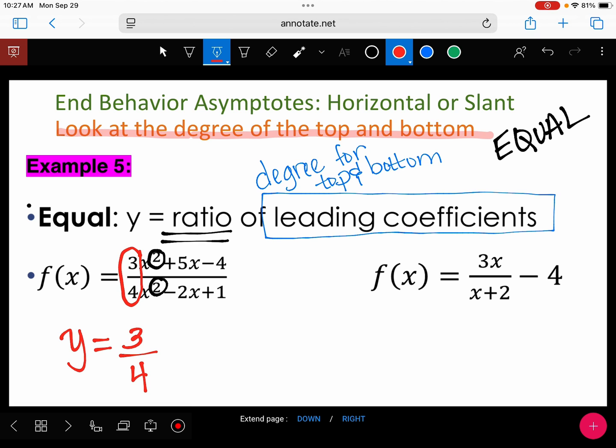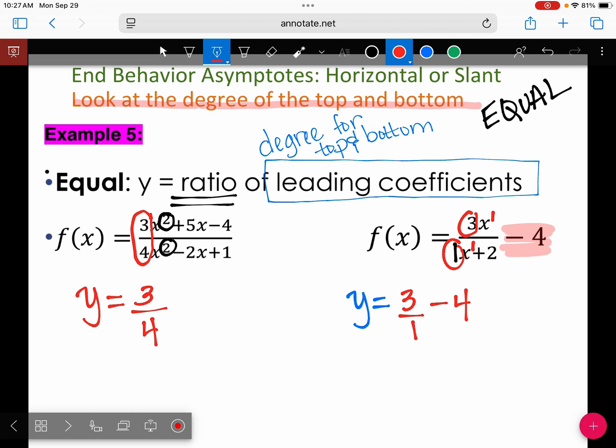And then again, here we go with our special case, because this one has a -4. So we're still going to start the same. Notice they both have an equal degree, but I still need to divide my leading coefficients. So that would be y equals 3/1. So we still do 3/1. But now we have to tack on this -4, which is why it's special.